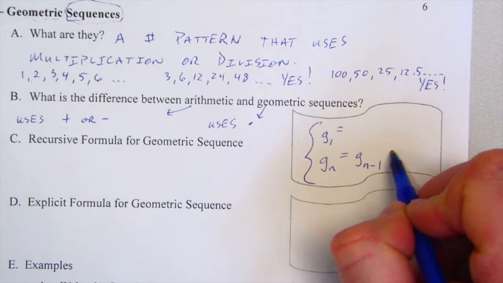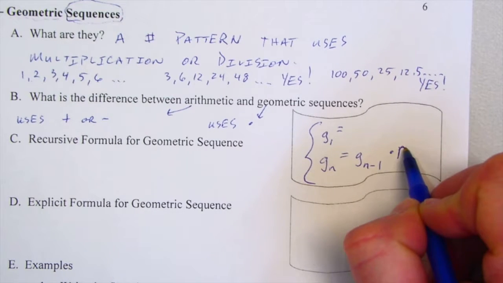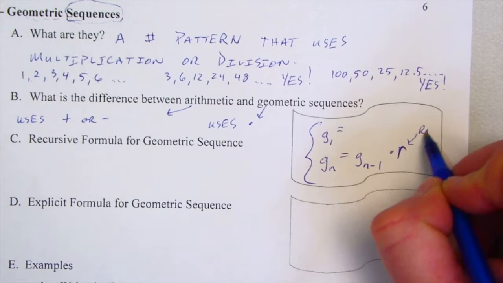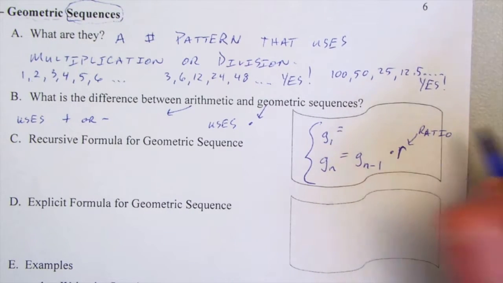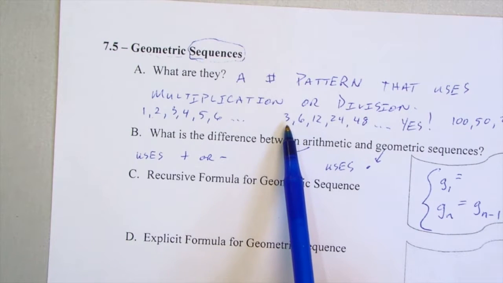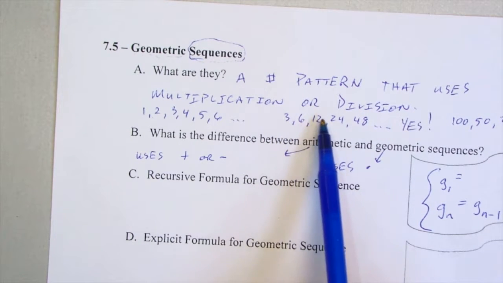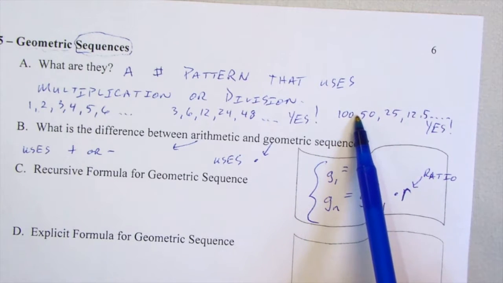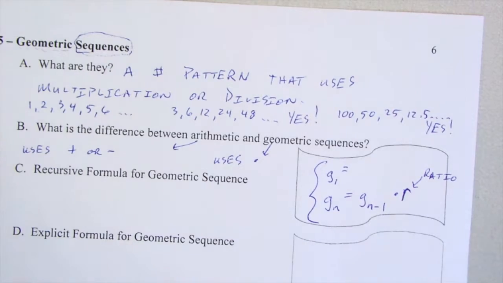And we're going to write times r. And this r is the ratio, the number that you're multiplying over and over again. So for this middle example, the ratio would be 2, because it's times 2 times 2 times 2. Here the ratio would be 1/2, because it's times 1/2 times 1/2 times 1/2.